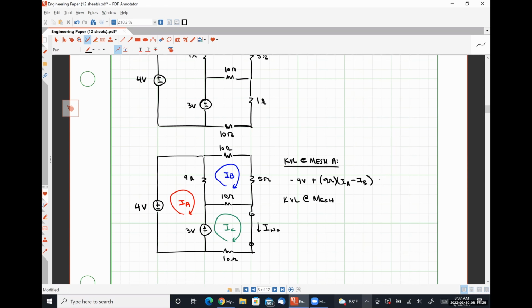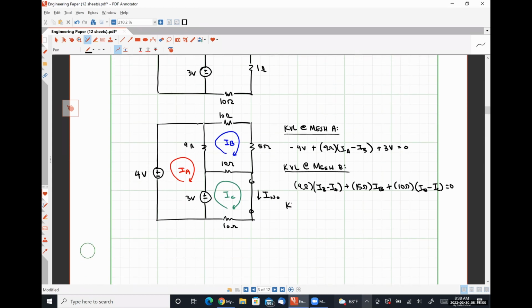Plus 3 volts, thank you so much. KVL at mesh B is going to be 9 ohms times (IB minus IA) plus 15 ohms times IB plus 10 ohms times (IB minus IC) is equal to 0.